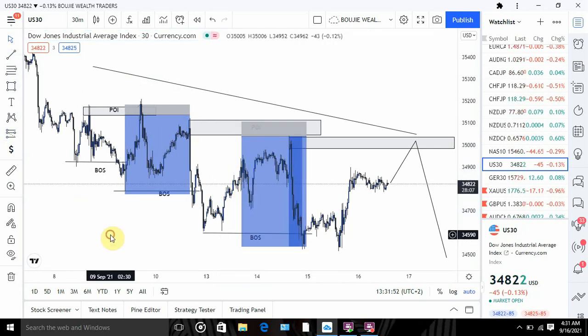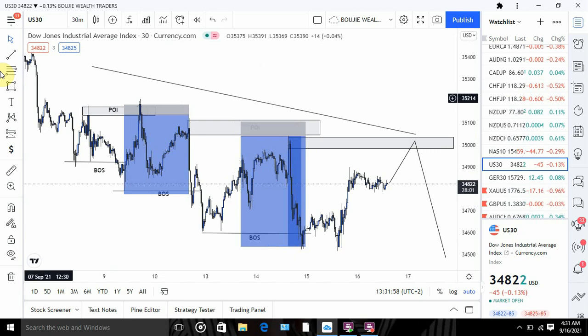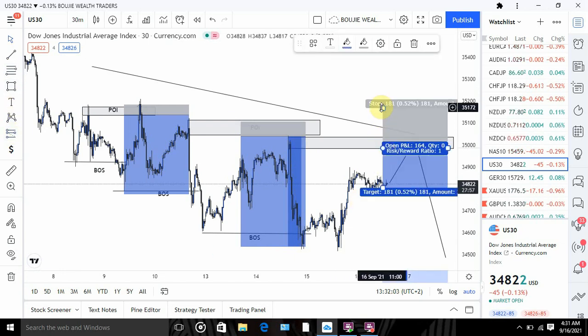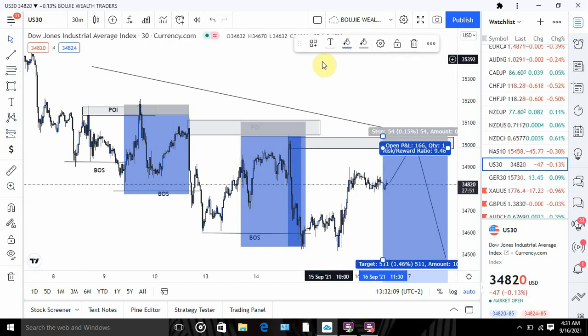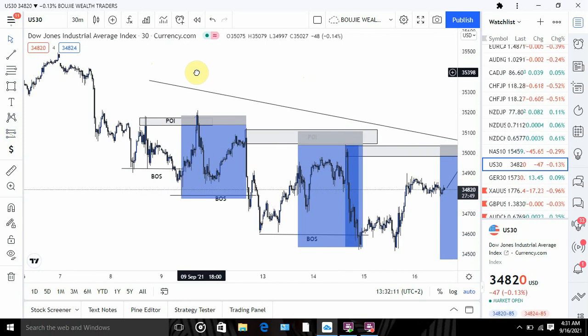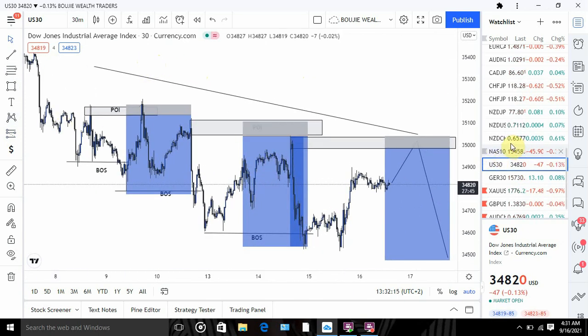We just highlight our what? Our point of interest. Then we target our what? Our low that will be broken. The overall trend is a downtrend. So let's check if we can get this. The same thing applies in a downtrend.